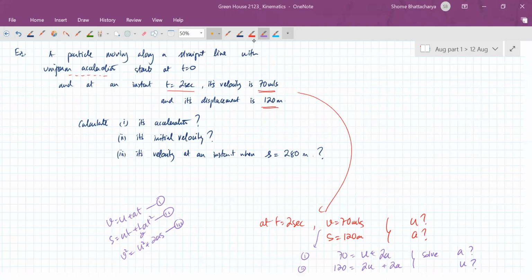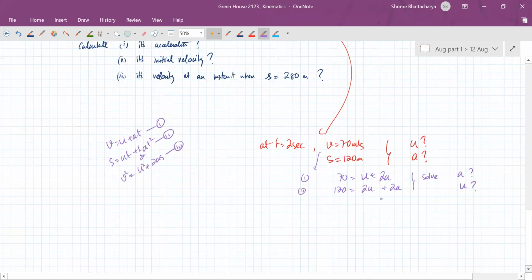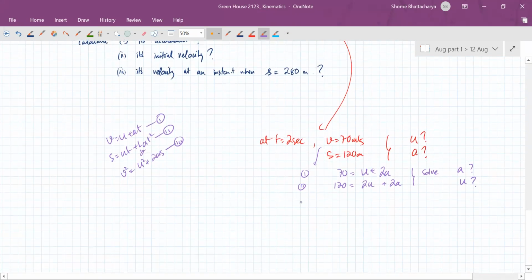Yes, Tejas, your answer is correct. So we could also go by the third equation and substitute the value of u from the first equation? Yes, that you can also do.